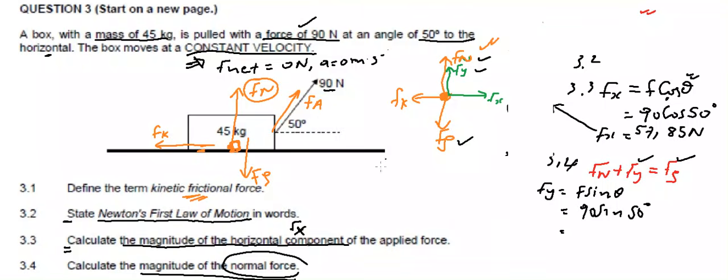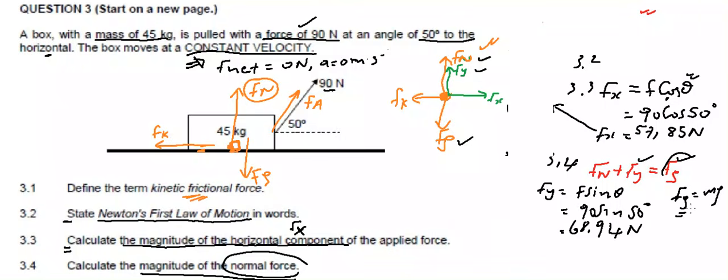The answer there is 68,94 newtons. That is Fy. Then let's calculate Fg. So Fg is the weight, which is equal to mg.